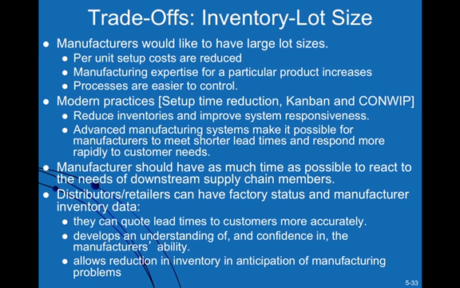Lot sizes, of course, provide economies of scale, but at the same time, that does not allow you to be responsive if you're going to produce very large lots. So manufacturers typically will want to produce large lot sizes, large production runs, because their capital costs are so high, and they want to spread those.